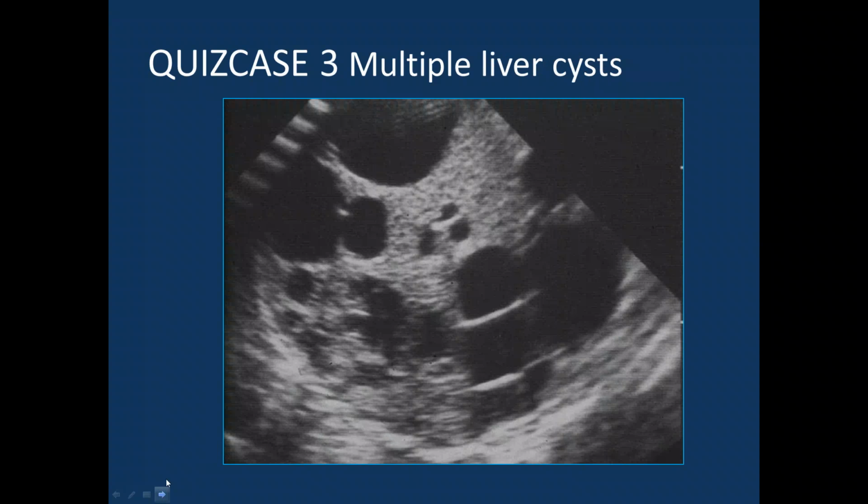And the third case, just to make it as clear as possible, these are typical cysts, anechoic masses, well-defined, very sharp outline. These are liver cysts.